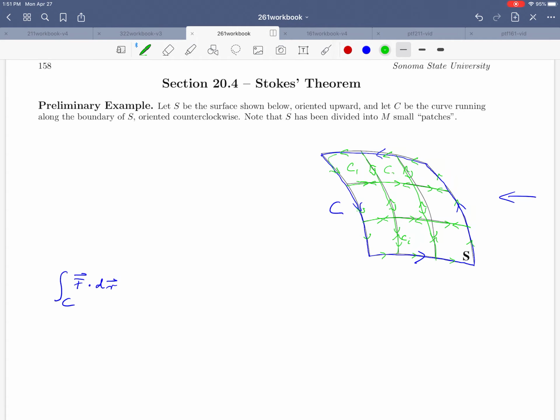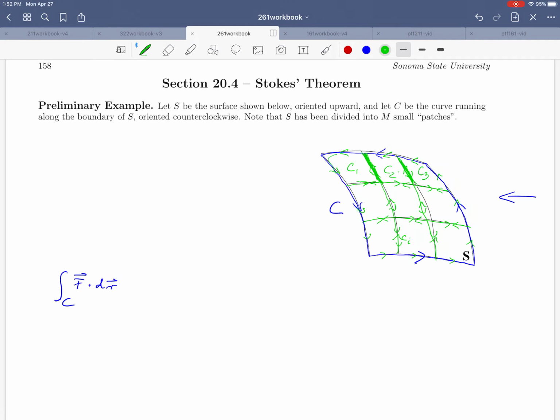When I compute the line integral around C2, I'm going against the direction that I went in when I computed the line integral around C1, and I get cancellation of this inside wall, this inside boundary. The same thing is going to happen when I go to C3. I'm going to cancel out what happened in the boundary between C2 and C3, and so on.